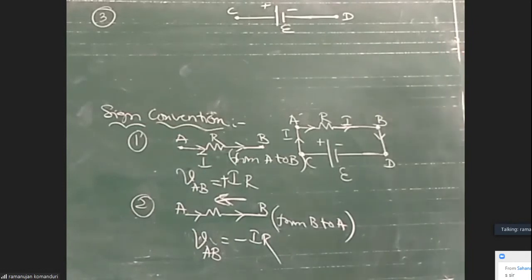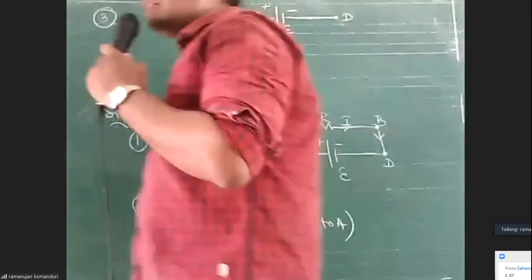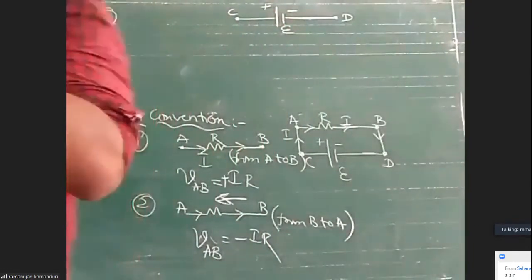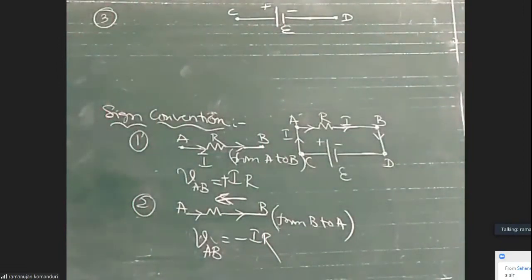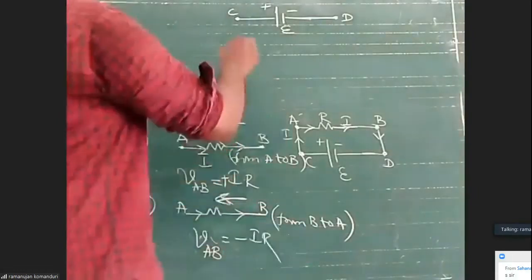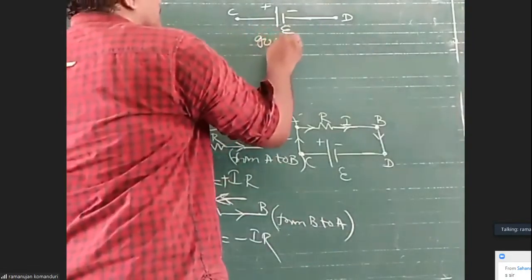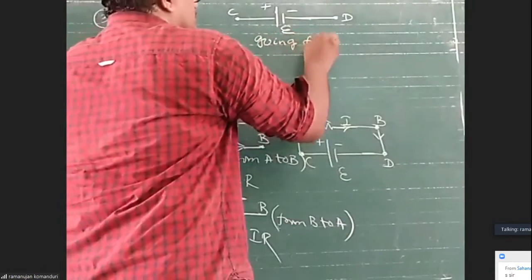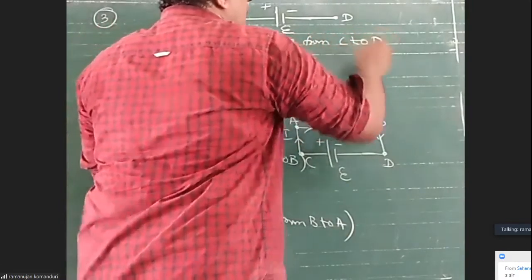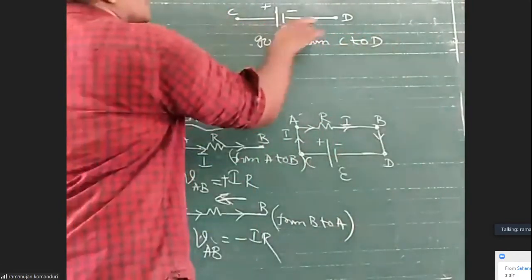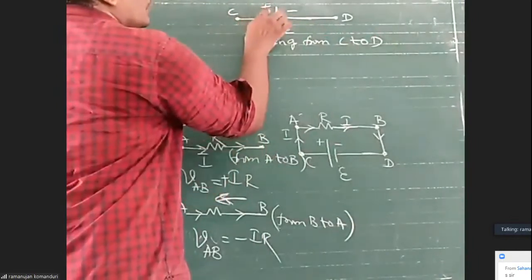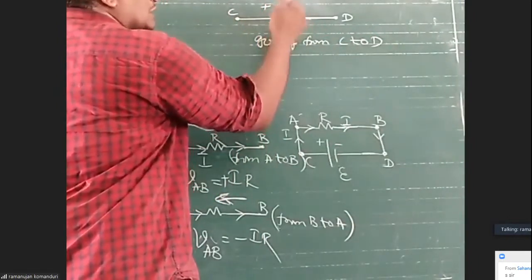Then what should we take, sir? Whether you are traveling from the positive terminal to the negative or the negative terminal to the positive, put it in your mind. So when you are going from C towards D, you are moving from the positive terminal towards the negative terminal.